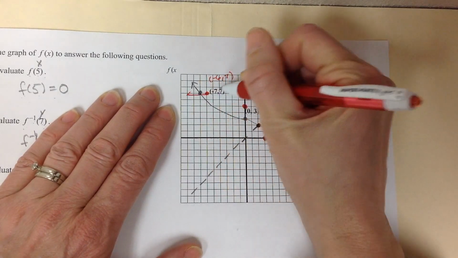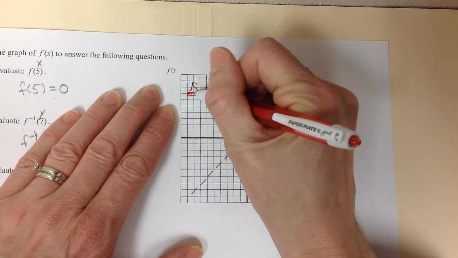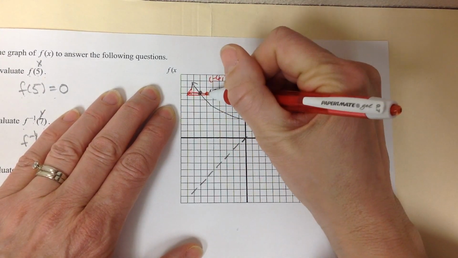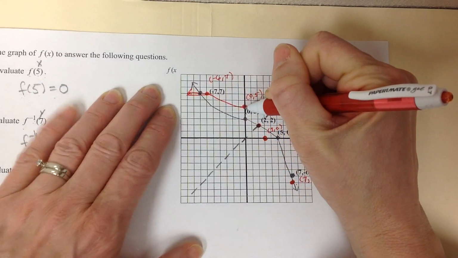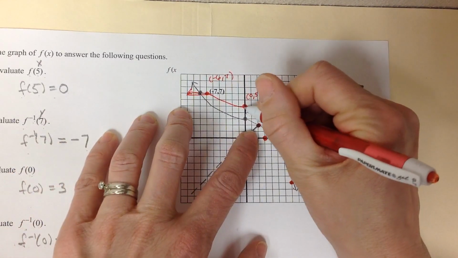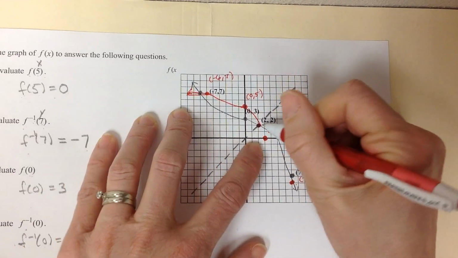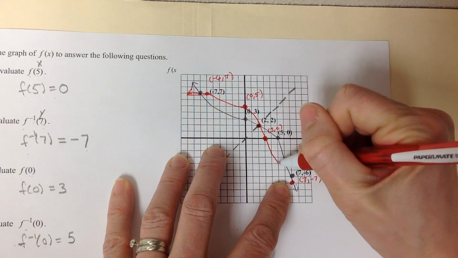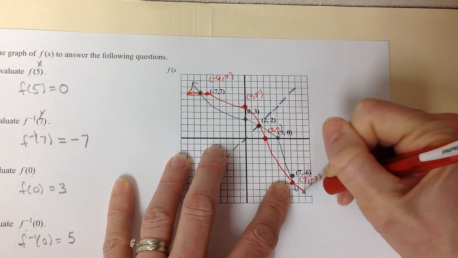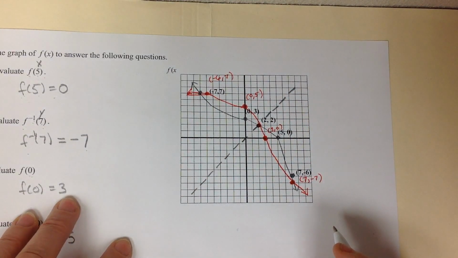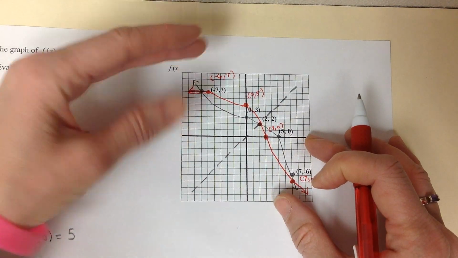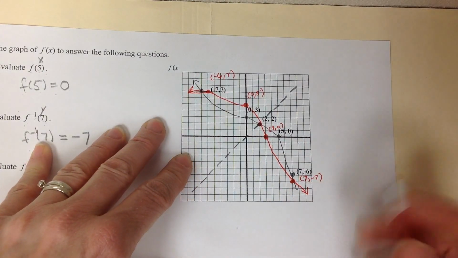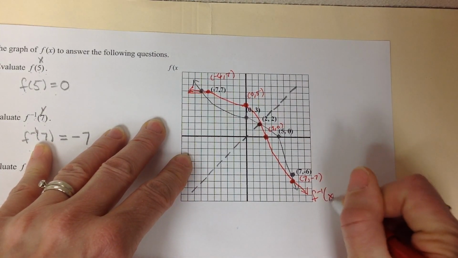So I have this point that I hit here at (-6, 7). And then I come down and I hit the point (0, 5). And then from there, I've got to hit the point (2, 2). Carry on to (3, 0). And then over here to (7, -7). And of course you see some symmetry going on here because I've taken a graph and I reflected it. Right? So that is how we get the graph of f inverse of x.